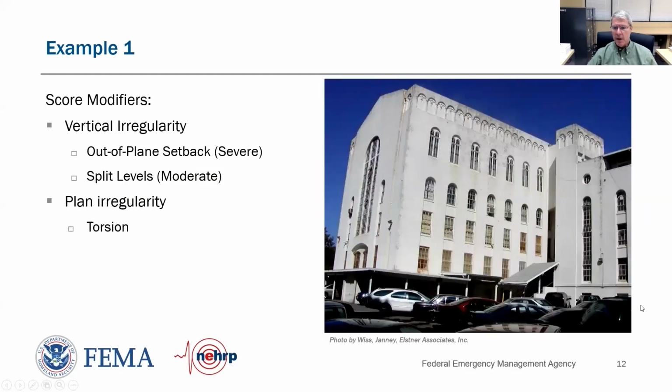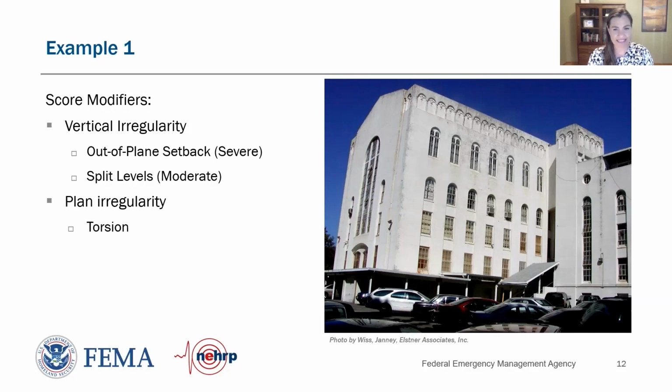If we were to look a little bit further at this example and look at some of the modifiers associated with it, what type of vertical and plan irregularities do we see? Looks like a re-entrant corner right there, like the building might be L-shaped in plan. So I would think that's a plan irregularity.